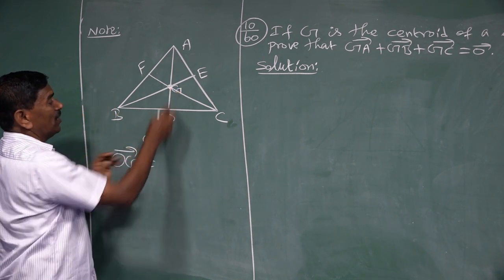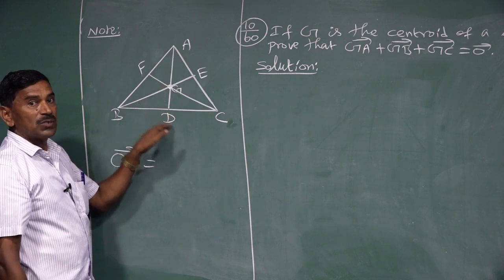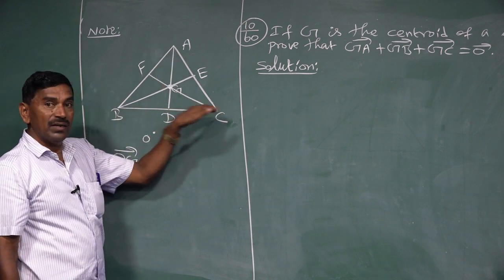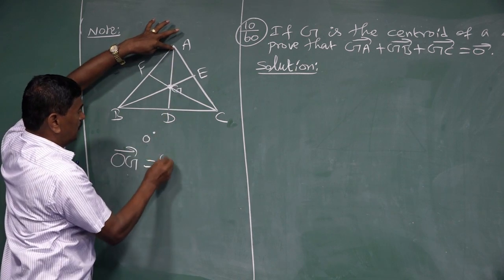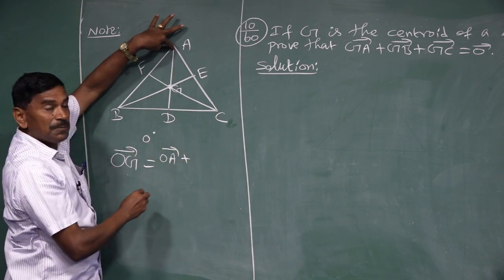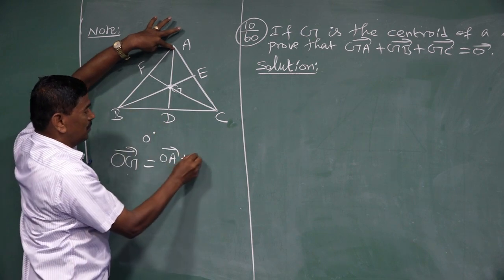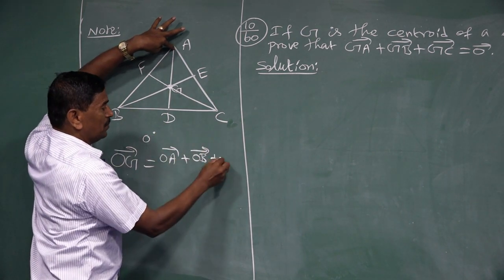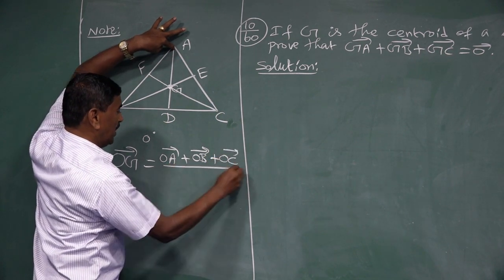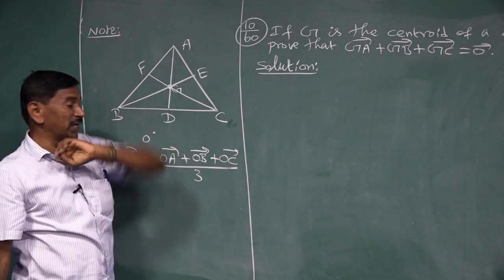So, OG vector equal to OA vector plus OB vector plus OC vector, fully divided by 3.